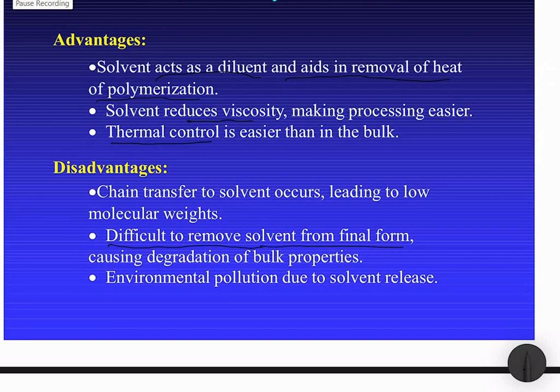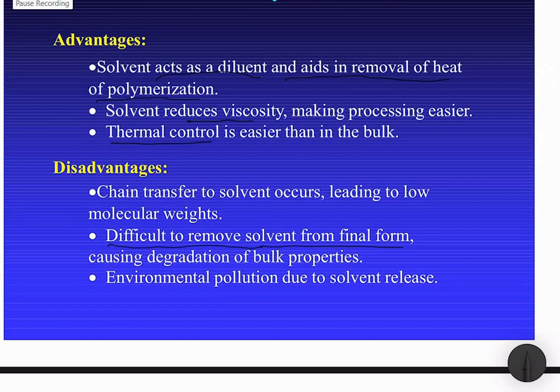If the transfer constant is much higher for the solvent that is being used, then you will finally see that almost no polymers are being formed. So that is a major concern for the solution polymerization technique, the chain transfer reaction to solvent molecules. You have to be careful that you must use a solvent which has a minimum or much lower transfer constant.